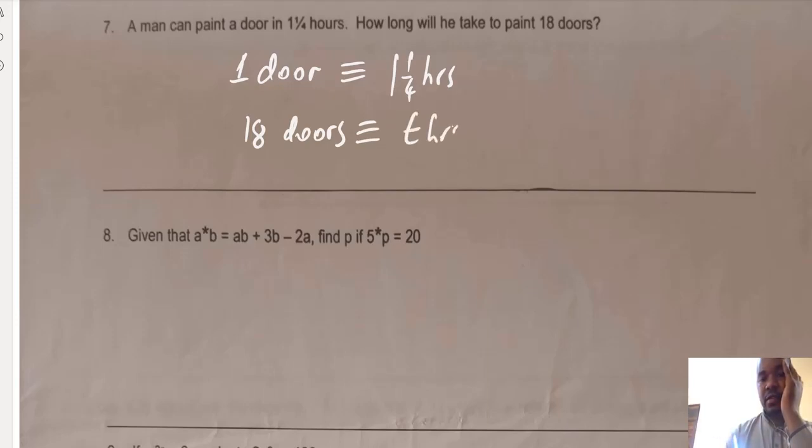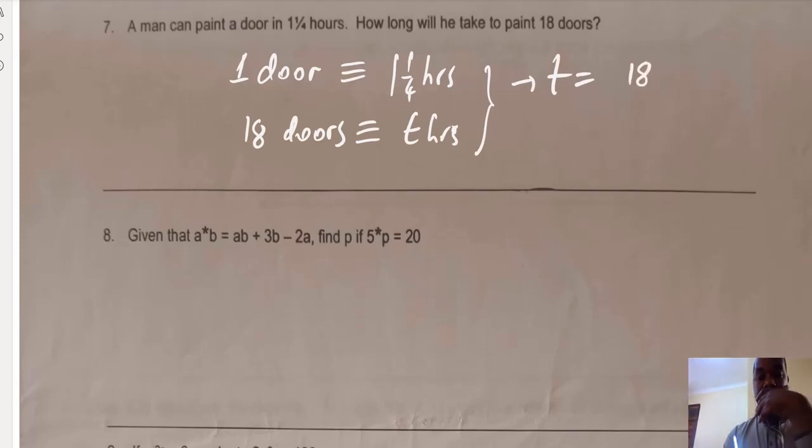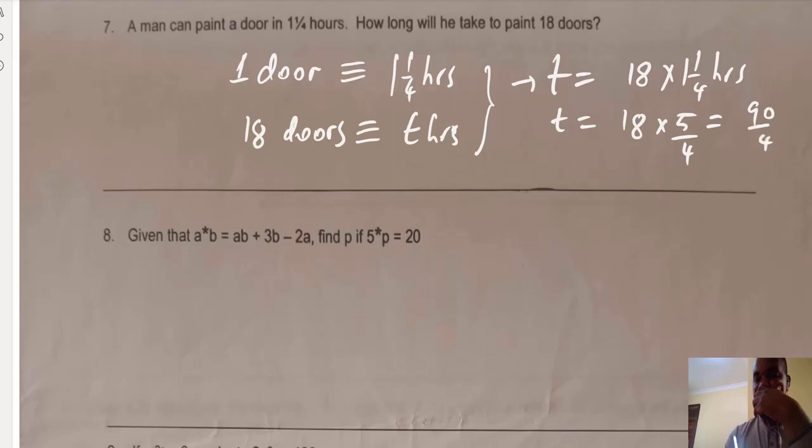Hours. T hours. So we can say that actually T will be 18 times 1 1/4 hours. So T will be 18 times 5/4. You simplify, actually it is 90 divided by 4.